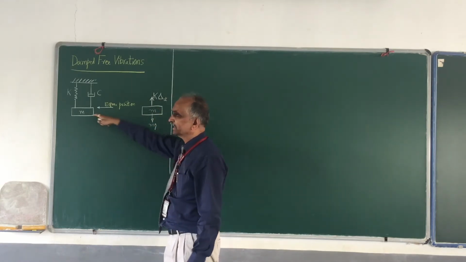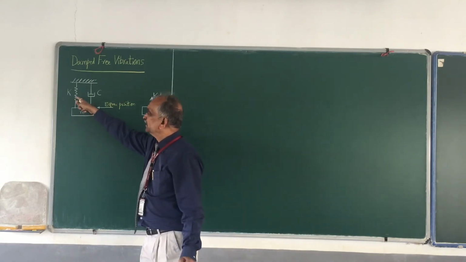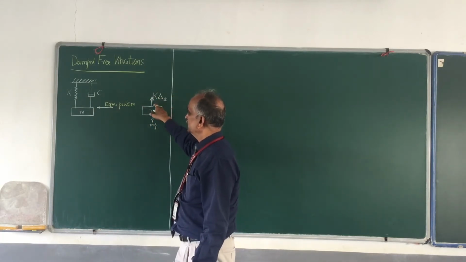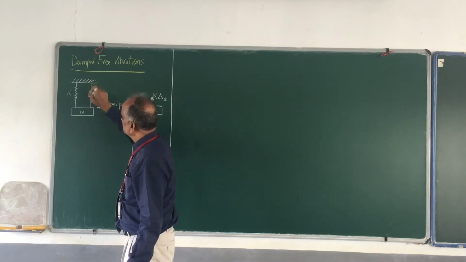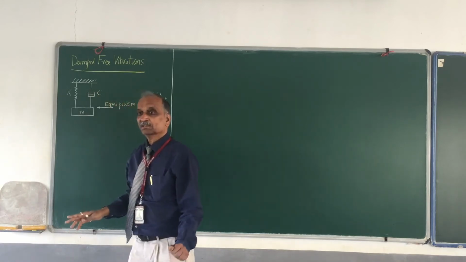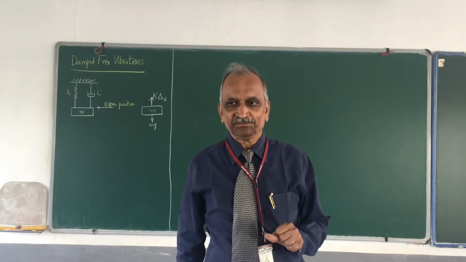What are the forces that are acting? One is the weight, mg, and the spring must have undergone some deflection, delta st, so k delta st is the force. And what about the force from the dashpot? Please remember, the dashpot will offer force only if there is a velocity.